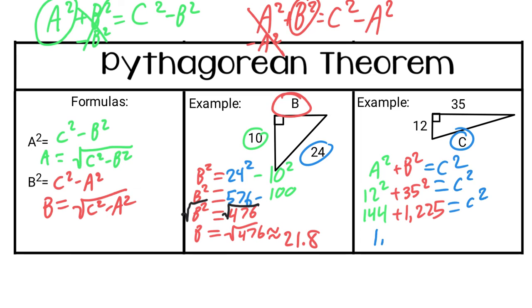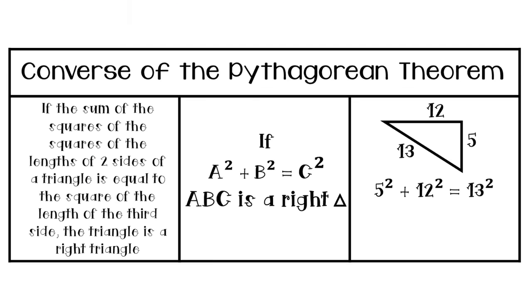Since we have c squared and we want c, we will need to cancel out the squared by doing the inverse, by taking the square root. So the square root of c squared is just c, and the square root of 1,369 is 37.